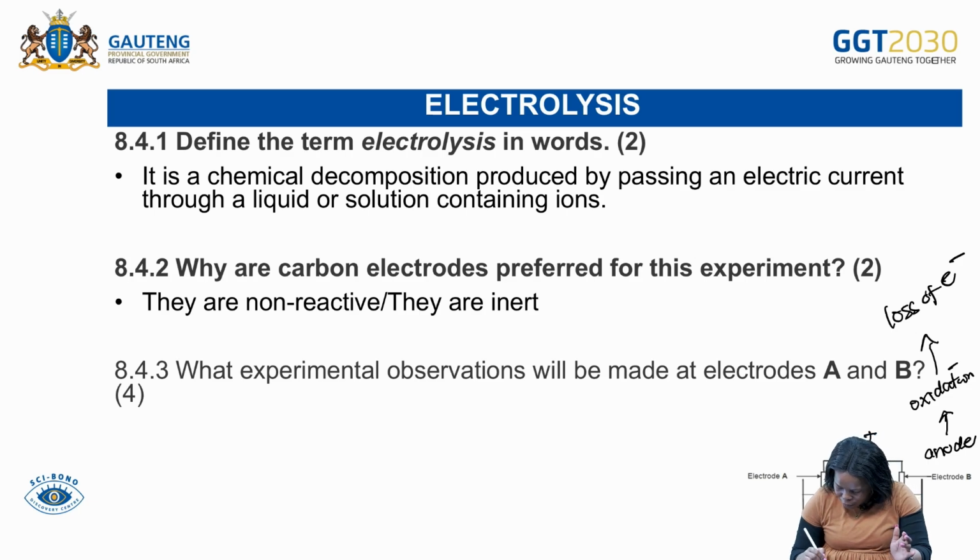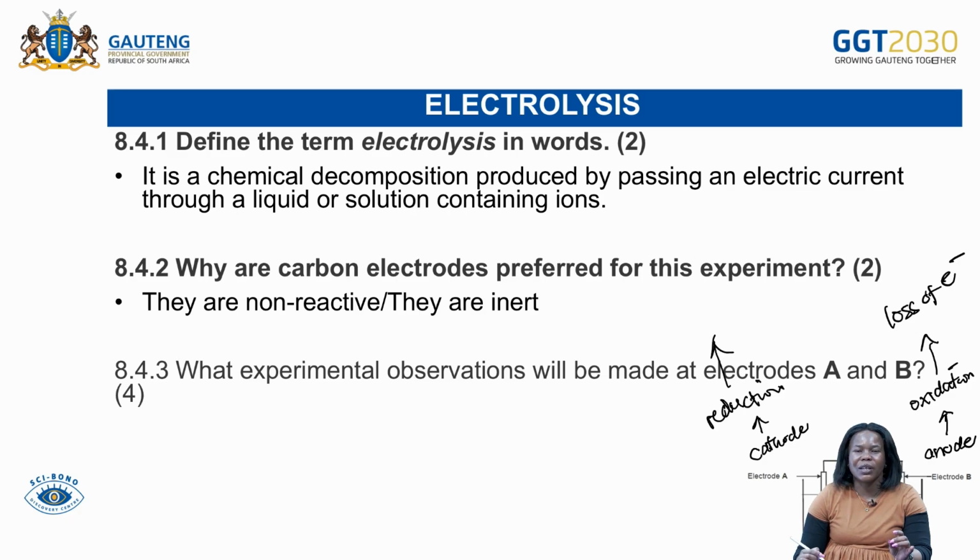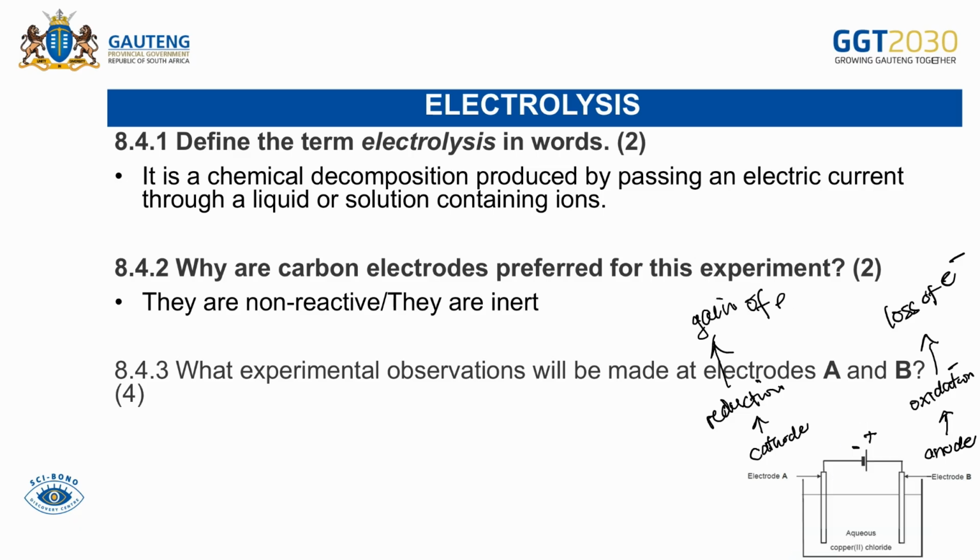And this over here is our cathode. What happens in the cathode? Reduction. What is reduction? Gain. See how easy it is?